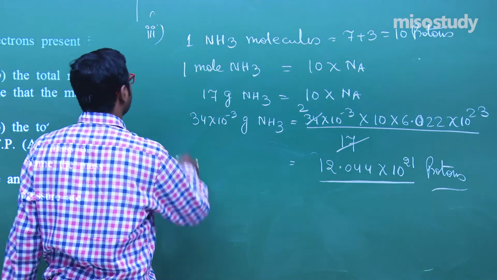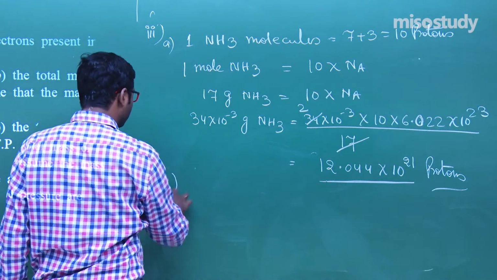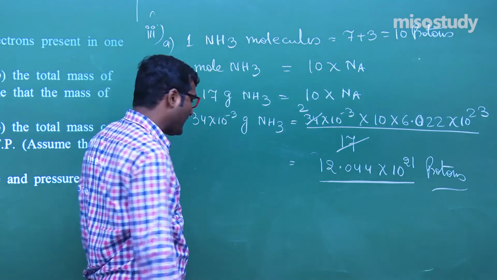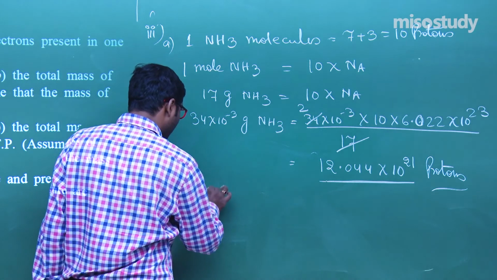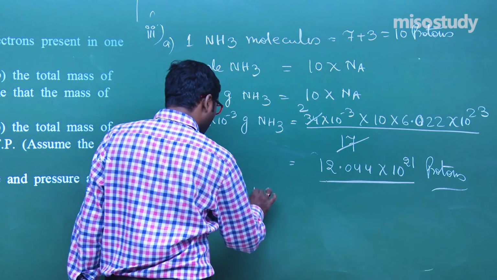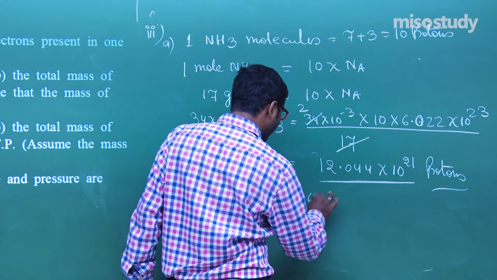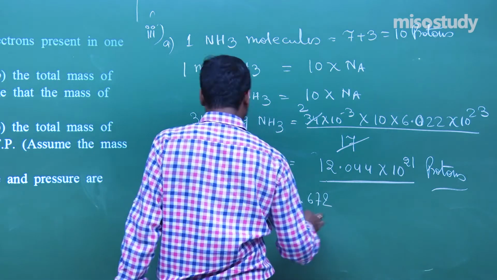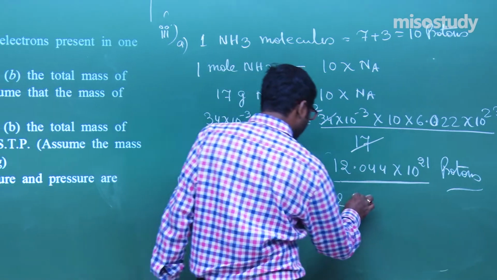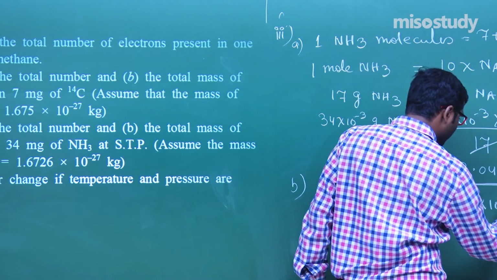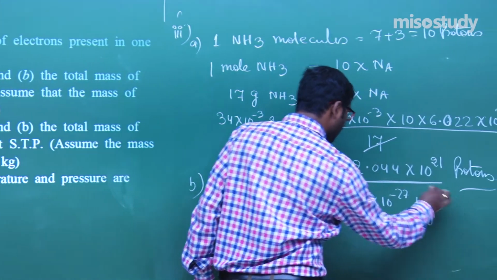Am I right? Clear to you? Now this is the first part. You have to find the mass also, right? Find out the mass. As we know, the mass of one proton, given here, is equal to 1.6726 into 10 to the power minus 27 kg.